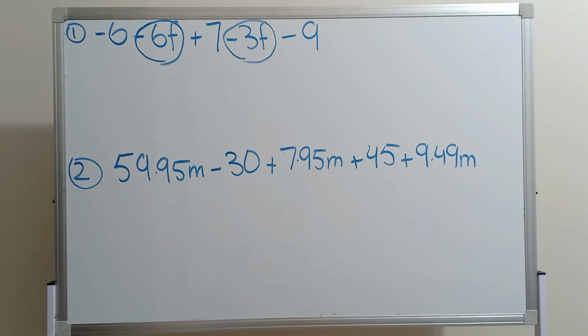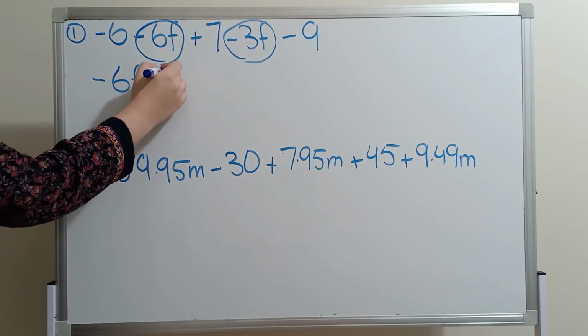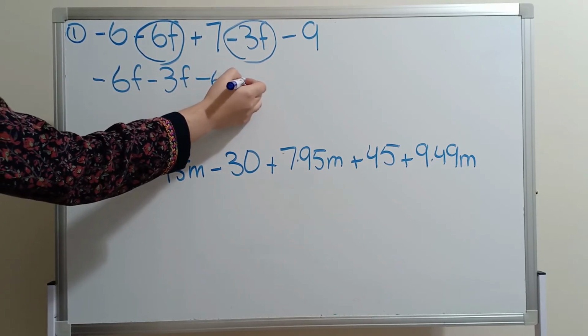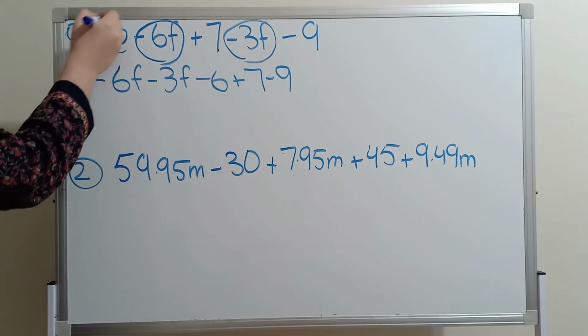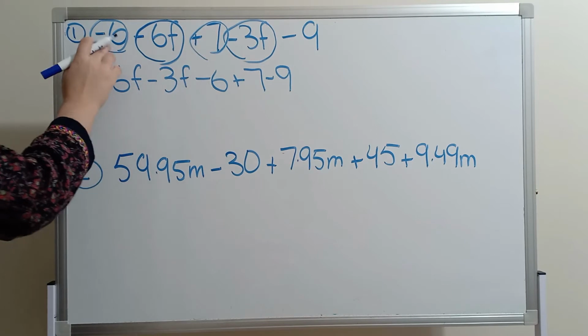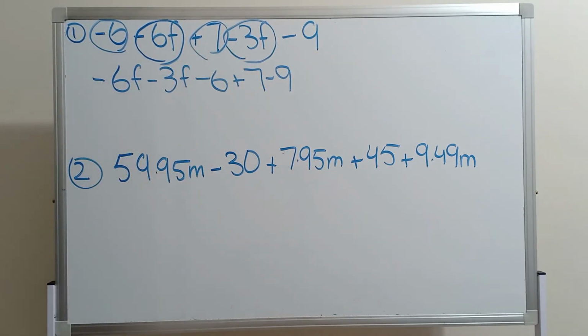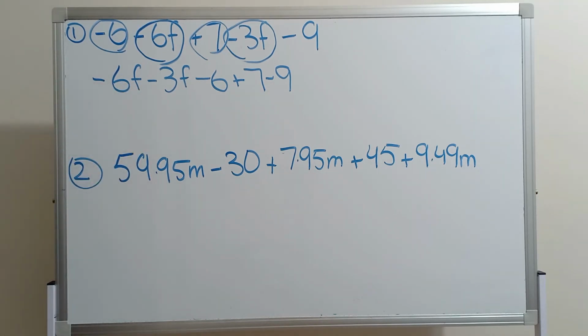Let's quickly combine these by putting them next to each other in another expression. So negative 6f subtract 3f, then we keep the constants in order: negative 6 plus 7 subtract 9. Now we can combine these: negative 6 subtract 3 is going to give us negative 9f.